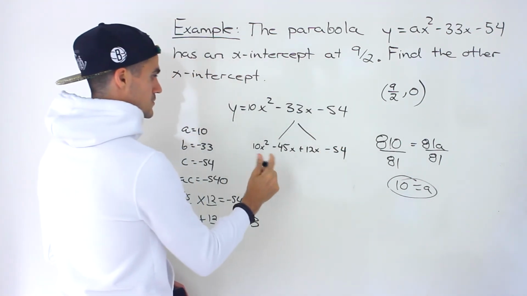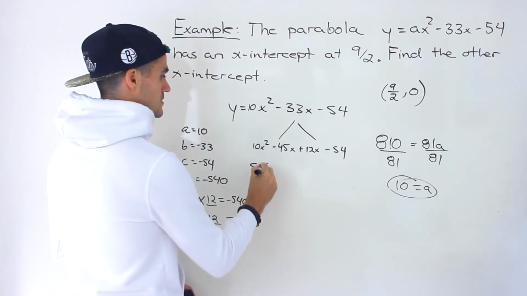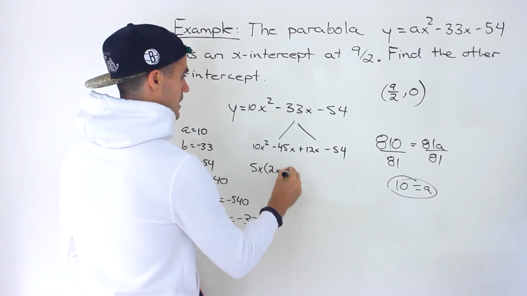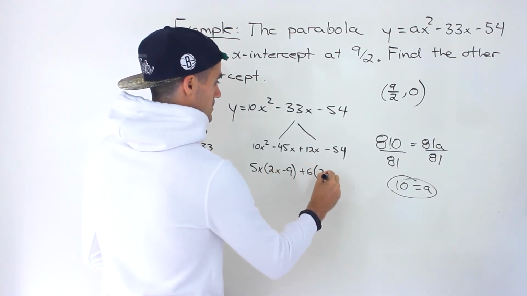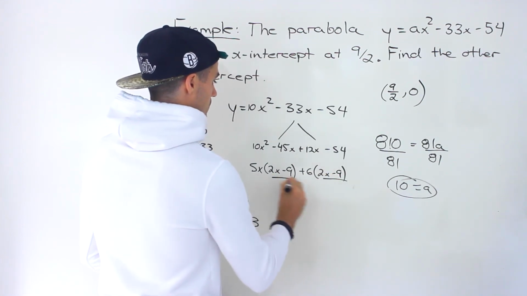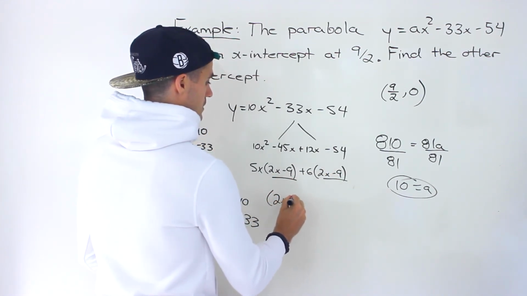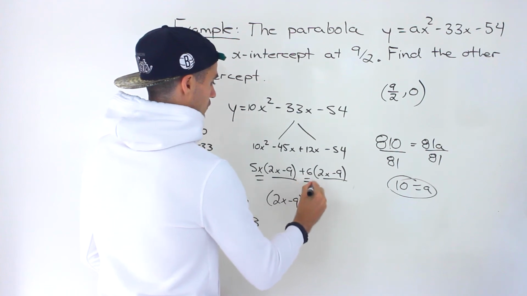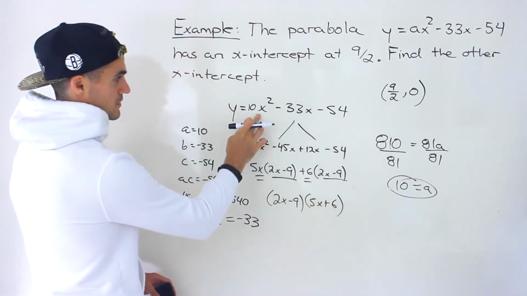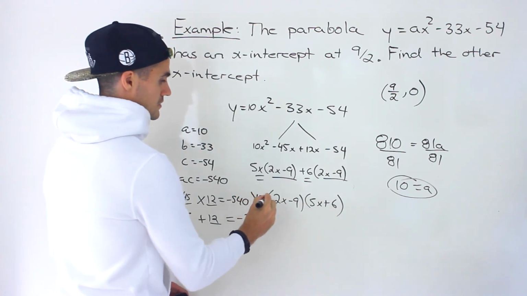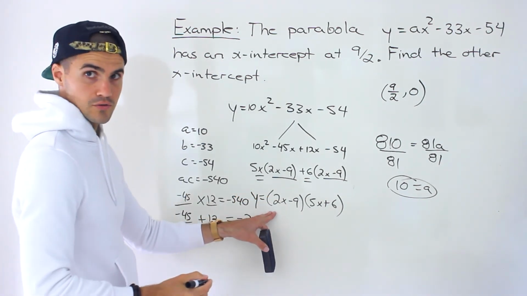From these two, we could take out a 5x, so we'd be left with 2x minus 9. From these two, we could take out a 6, so we'd be left with 2x minus 9. And then we could take out a 2x minus 9, and we'd be left with 5x plus 6. So this quadratic factors into those two factors.